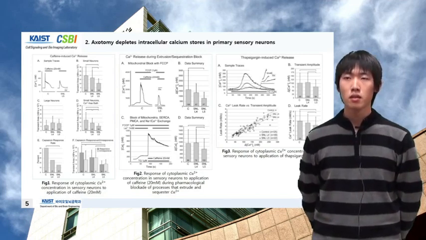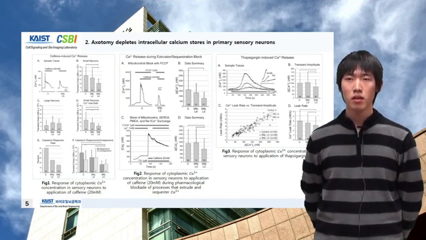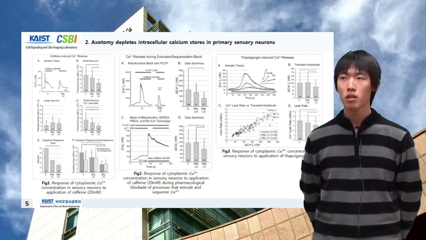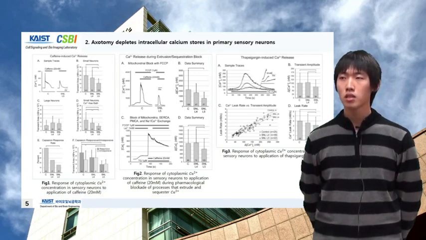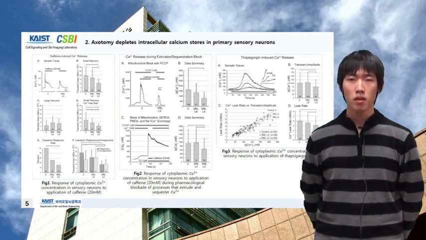This effect persisted in calcium ion free bath solution, which removes the contribution of store-operated membrane calcium channels, and after blockade of the mitochondrial, sarcoendoplasmic calcium ATPase and the plasma membrane calcium ATPase pathways.